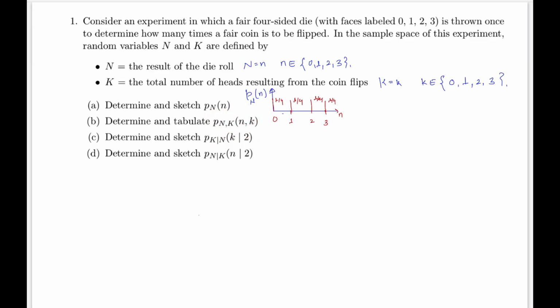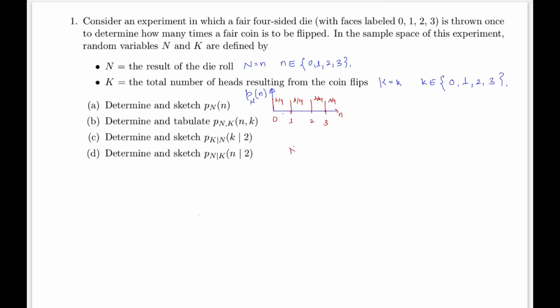Before calculating these probabilities, first of all you need to know how these two random variables are related. If you observe, these two random variables are dependent. How? Let's say you know that on throwing the die you have got 0.